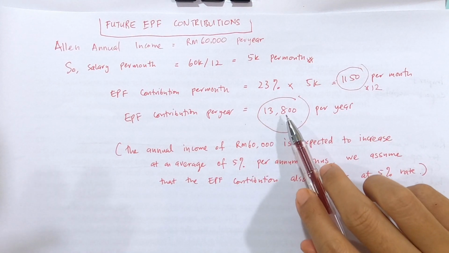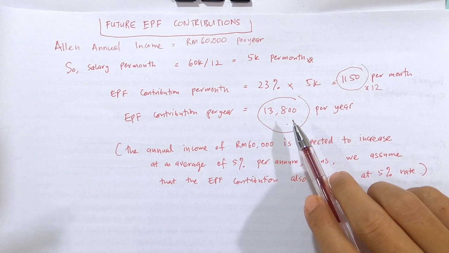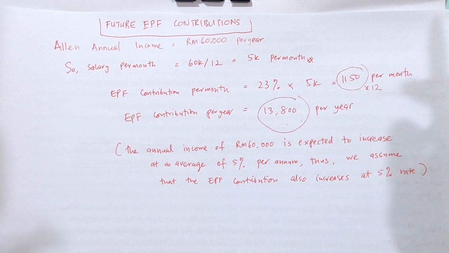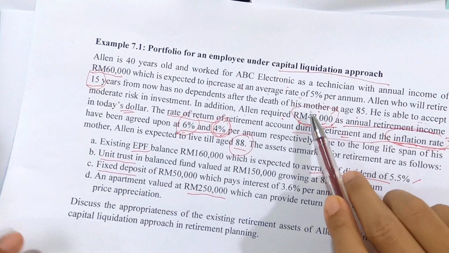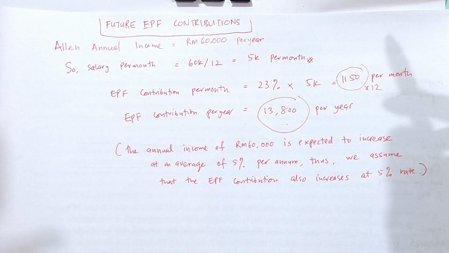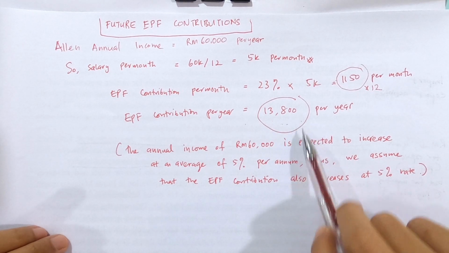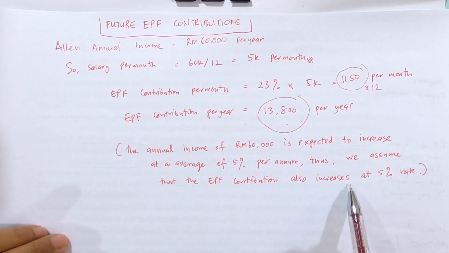This 13,800 is not fixed. For next year, it will increase. For another year, it will increase at what rate? Because the salary increases at the rate of 5% per annum, we assume that the EPF contribution also will increase at the 5% rate per annum.